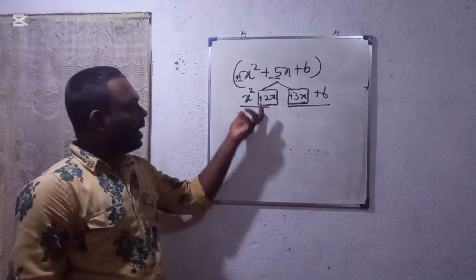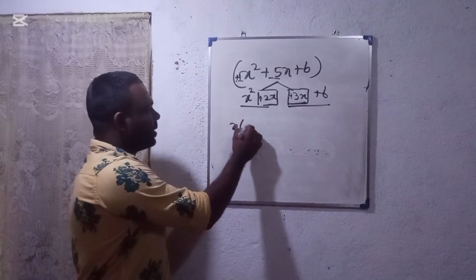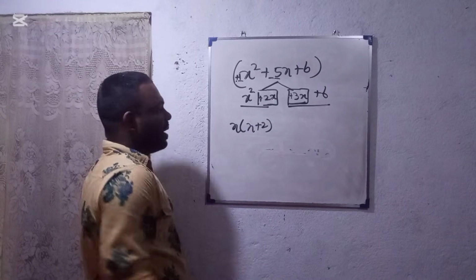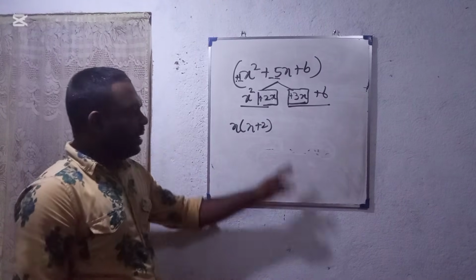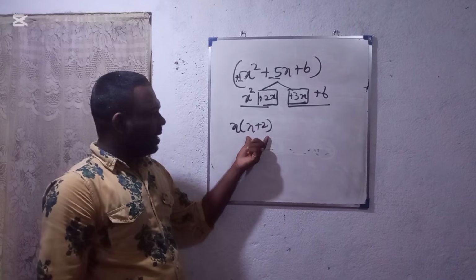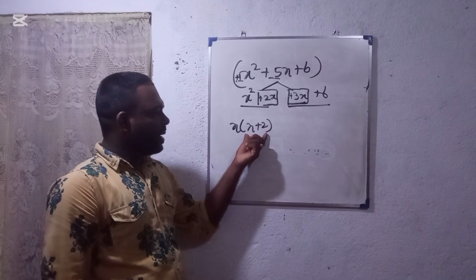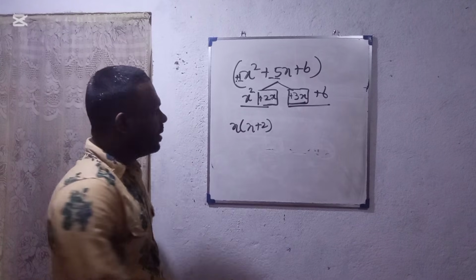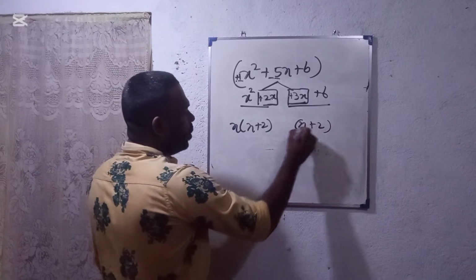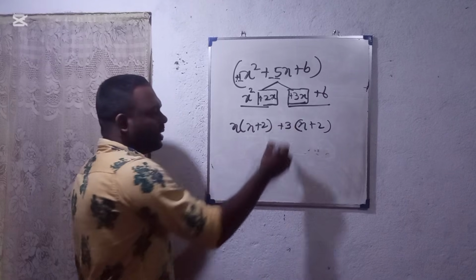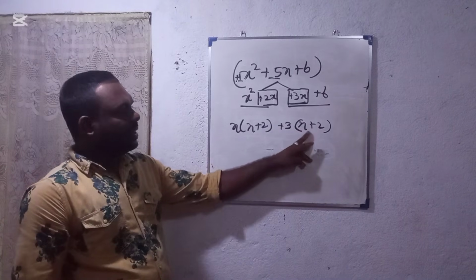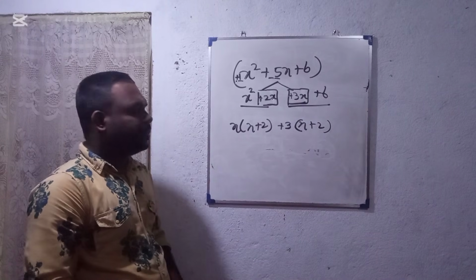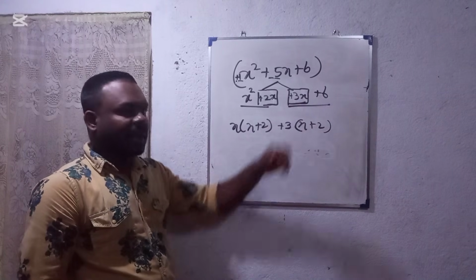Take this pair, x is common: x plus 2. Then who is common? Usually in this method, this term is available here, x plus 2. Then balance the numbers such that it gives these two, 3x plus 6.